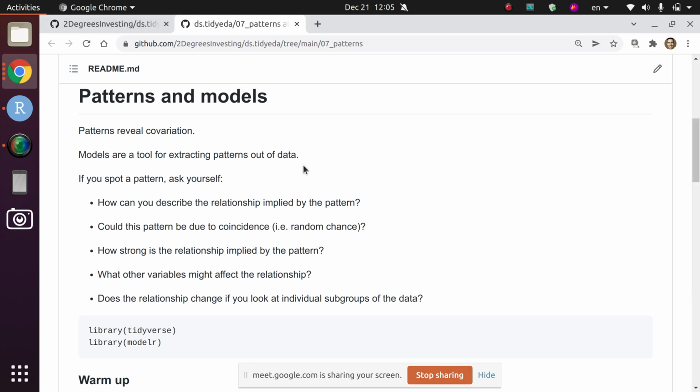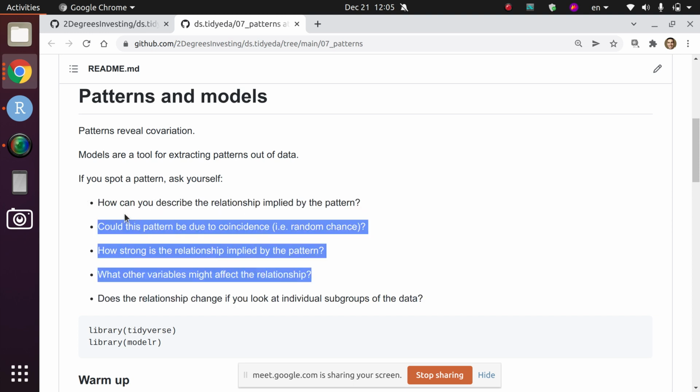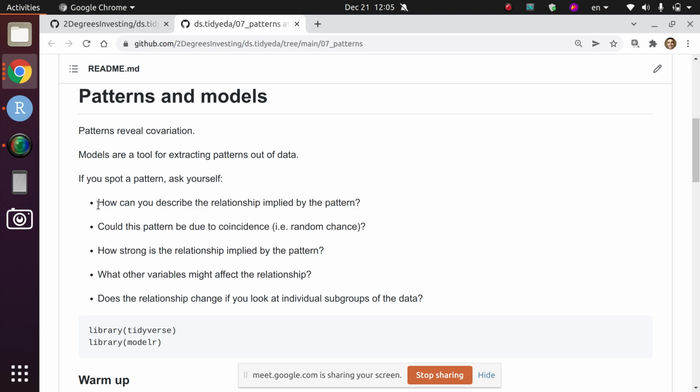And where were we? If you spot a pattern in the data, then some useful questions to ask are the ones following here, which come from the book R for Data Science. I'm borrowing them from there. And we're going to be using all of them except the last one. So how would you describe that relationship that is implied by the pattern?